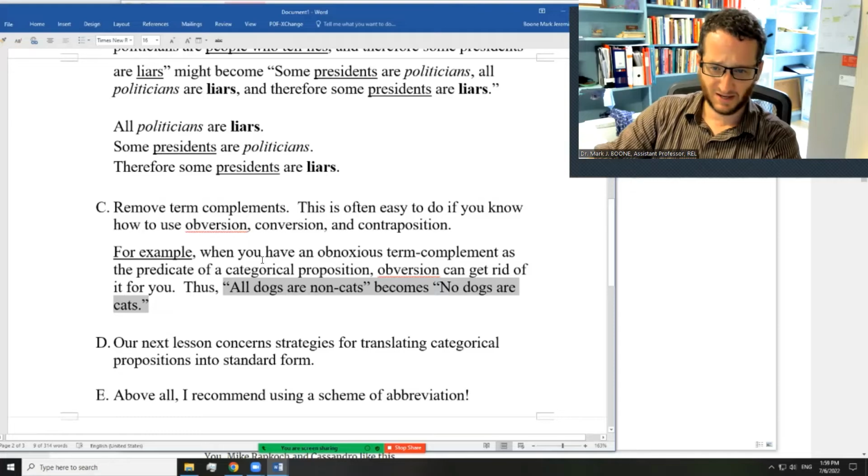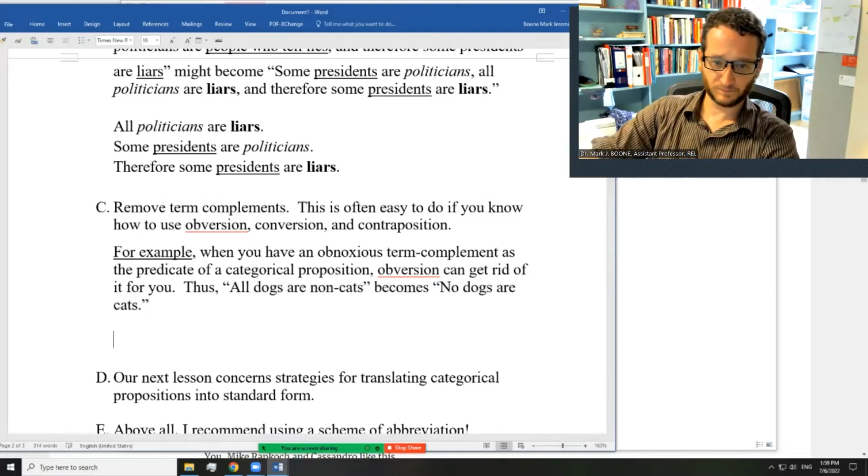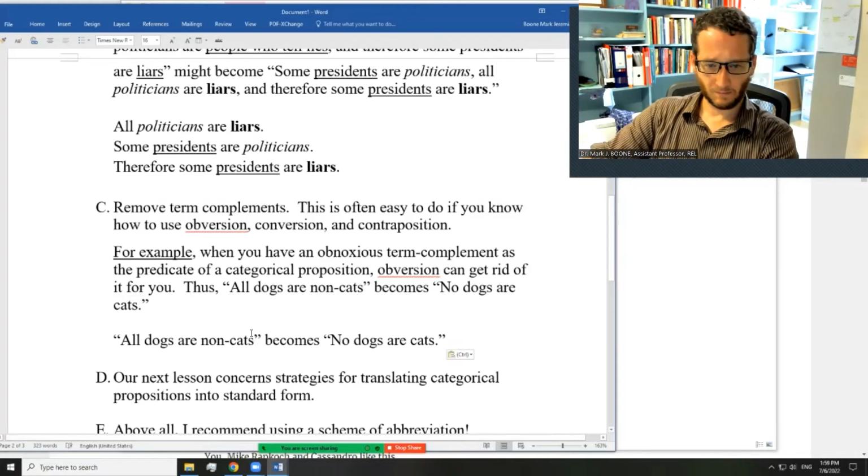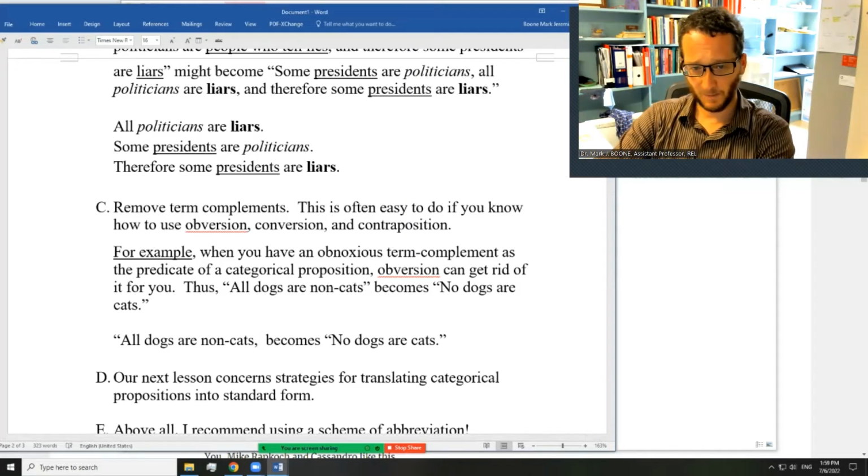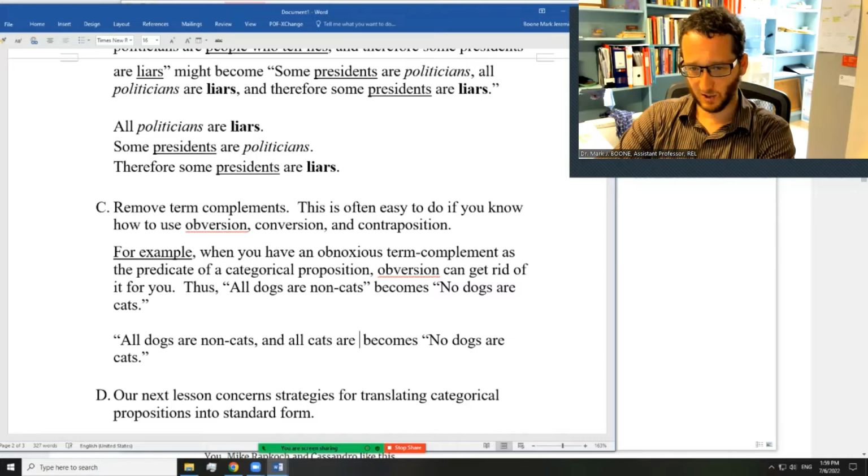Let me see if I can expand this. Let's say we had this argument. All dogs are non-cats, and all cats are jerks, and therefore all dogs are jerks.